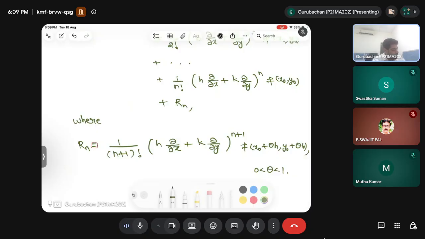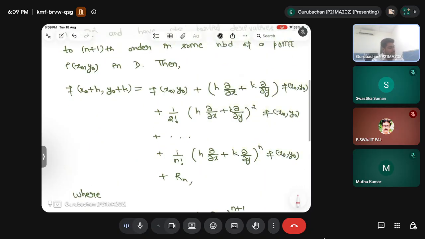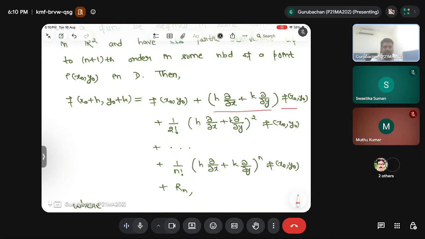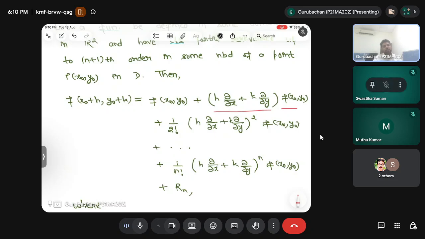Earlier in one variable, you obviously remember that it was f dash x naught divided by 1 factorial, but here because we have a function of two variables, it can have a derivative with respect to x as well as with respect to y.